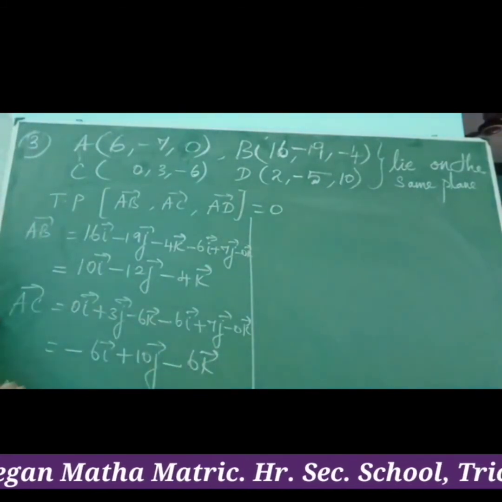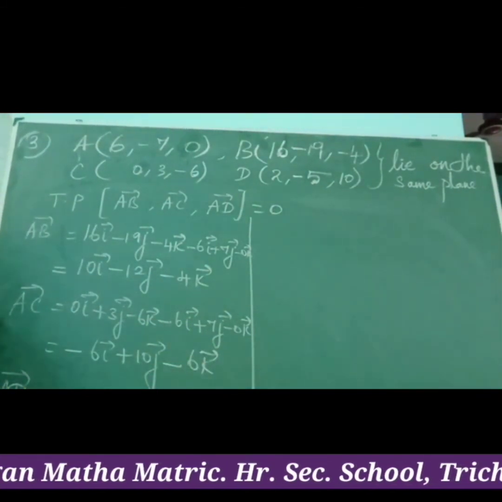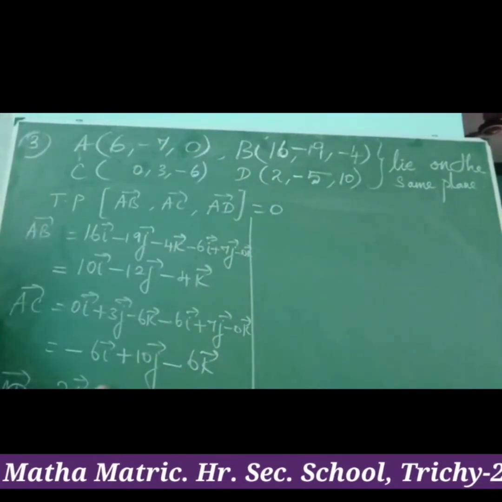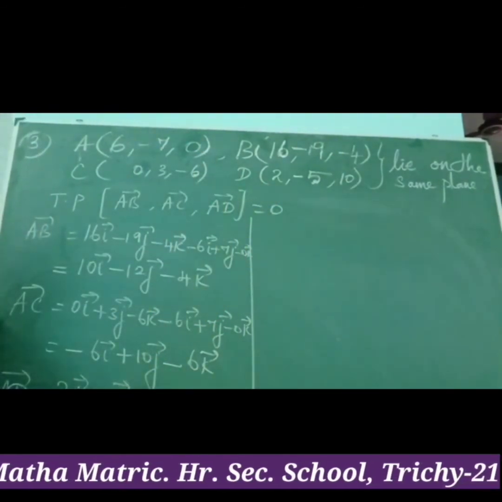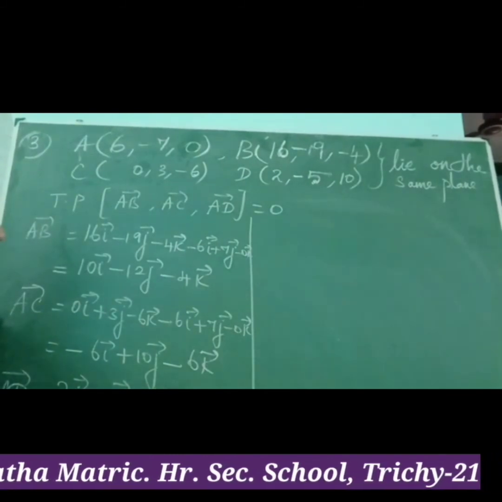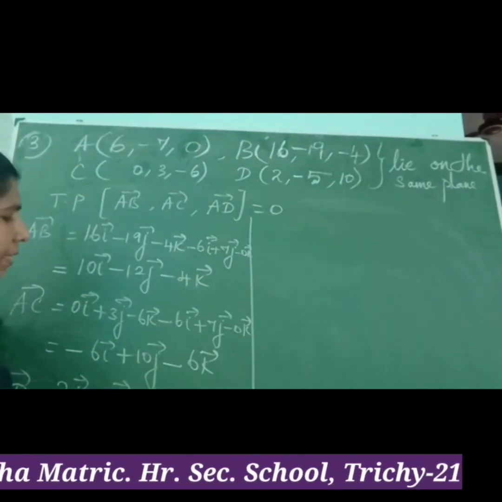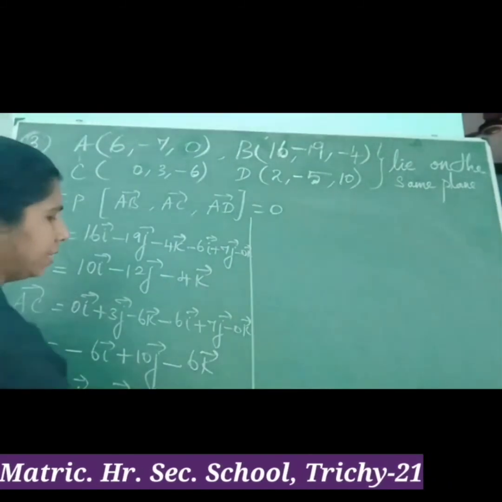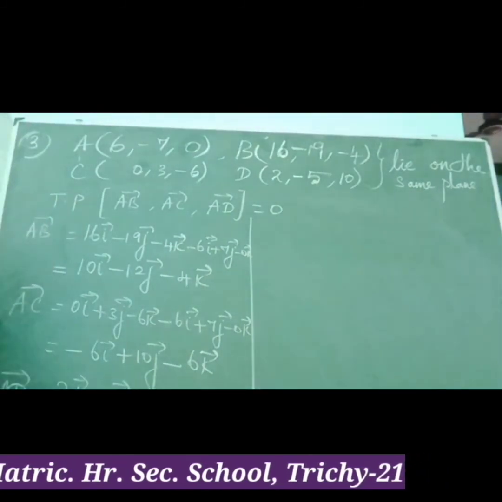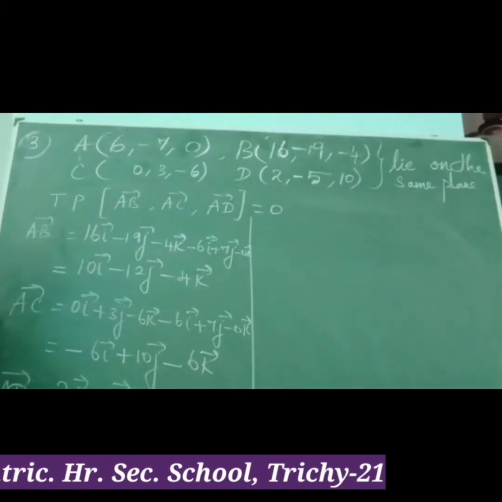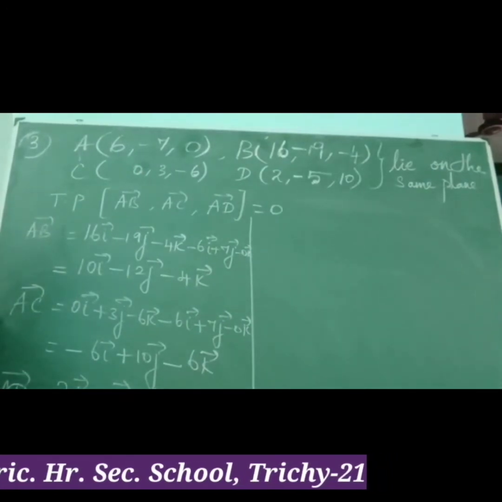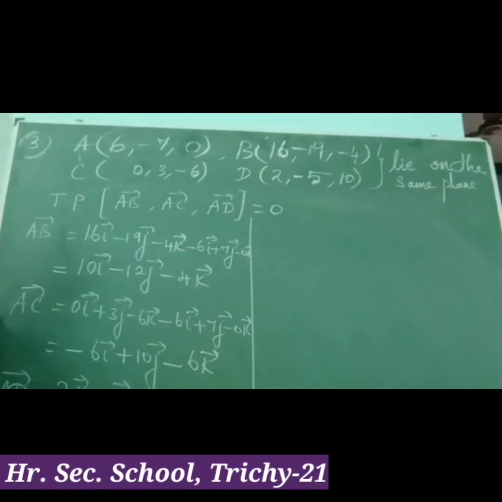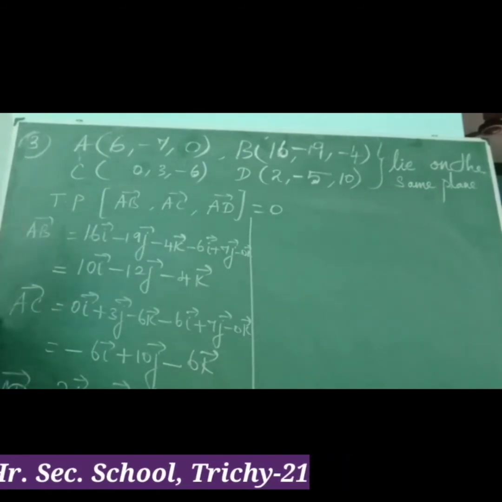Third one, AD vector. OD minus OA. 2i minus 5j plus 10k minus 6i plus 7j minus 0k, which gives minus 4i plus 2j plus 10k.